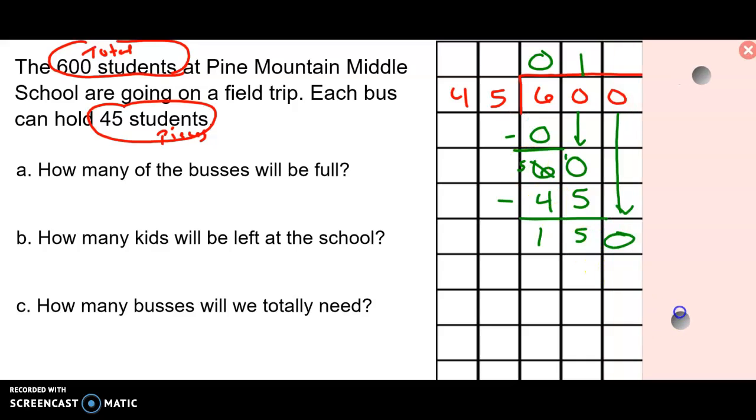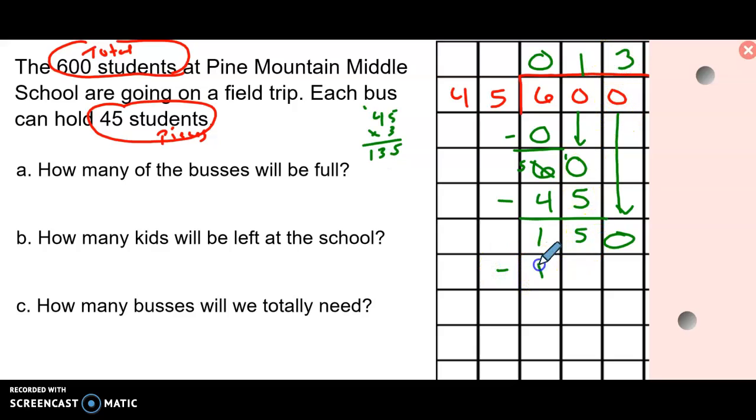Well, let's try 45 times 3. 45 times 3 is 15. 12 plus 1 is 13. That's going to give me 135. Subtract 135. I got confused there. Got a line there. That's why I got confused. Now I'm going to subtract. And I've got 15.